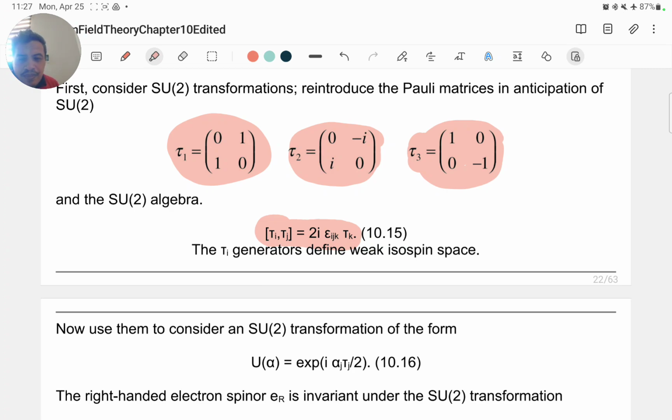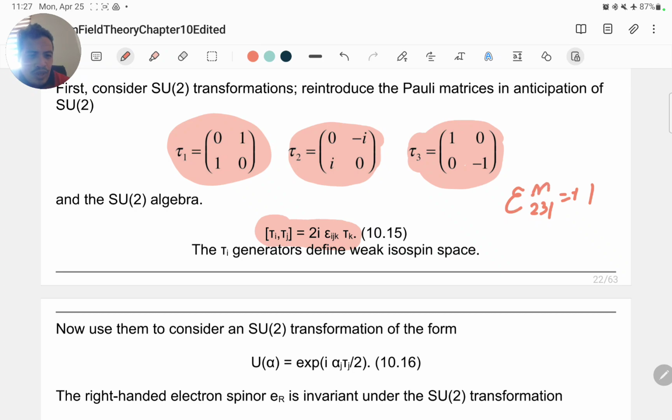So only the cyclic arrangements where the three indices are not the same give epsilon equal to 1. For example, epsilon 2 3 1 is equal to positive 1, because this is cyclic.